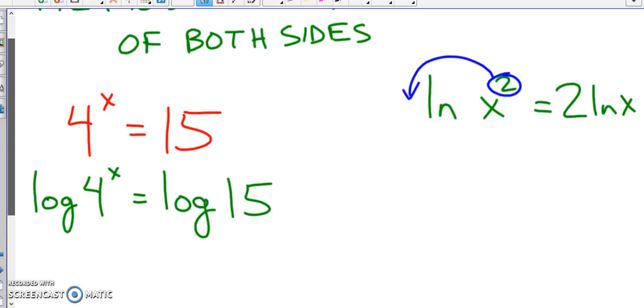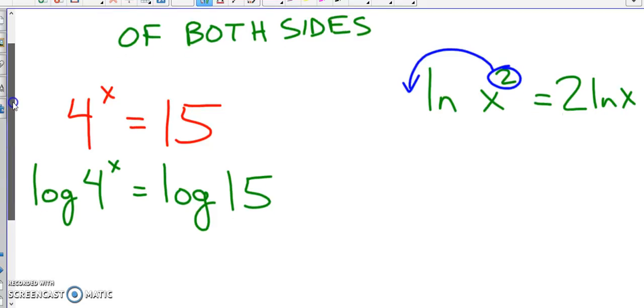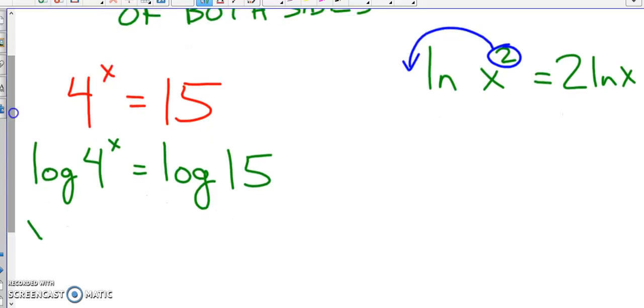The advantage to that is I'm getting the variable out of the exponent and into place, so to speak. So I bring this down, and it's x times the log of 4 equals the log of 15.